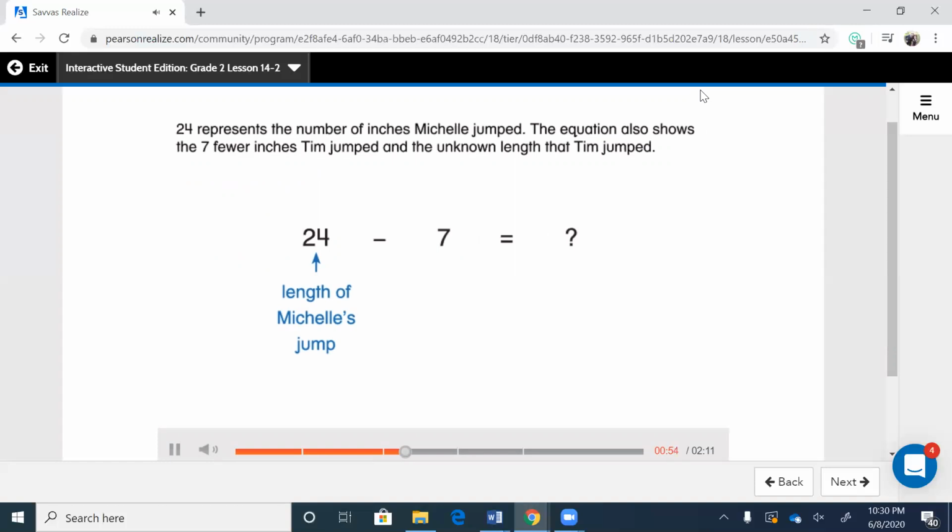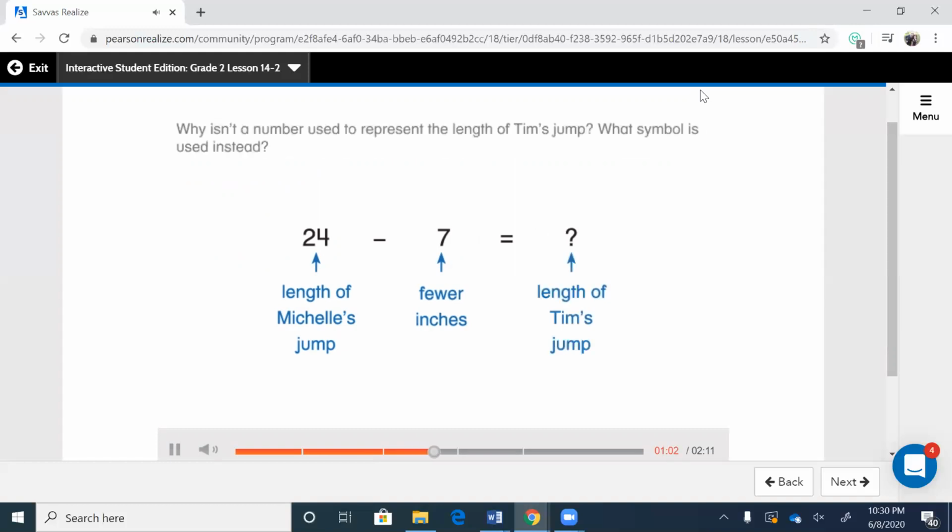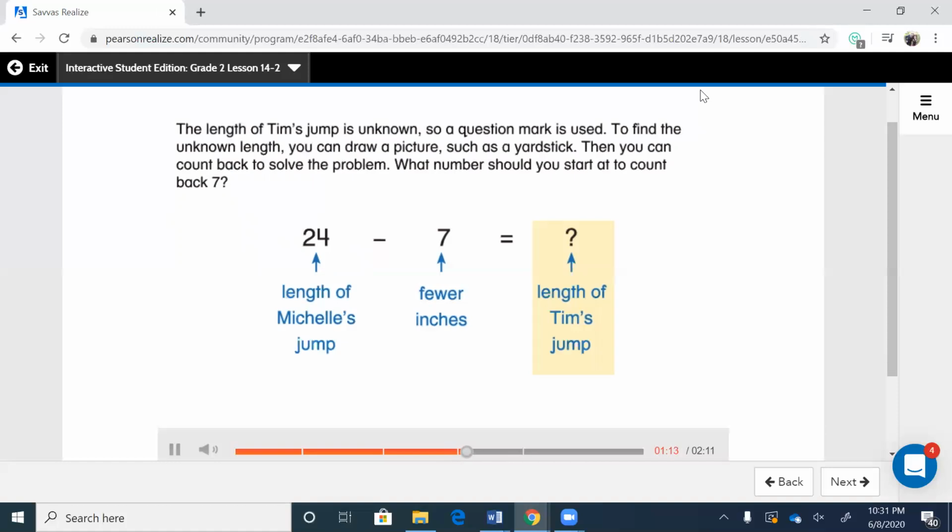The equation also shows the 7 fewer inches Tim jumped and the unknown length that Tim jumped. Why isn't a number used to represent the length of Tim's jump? What symbol is used instead? The length of Tim's jump is unknown, so a question mark is used.